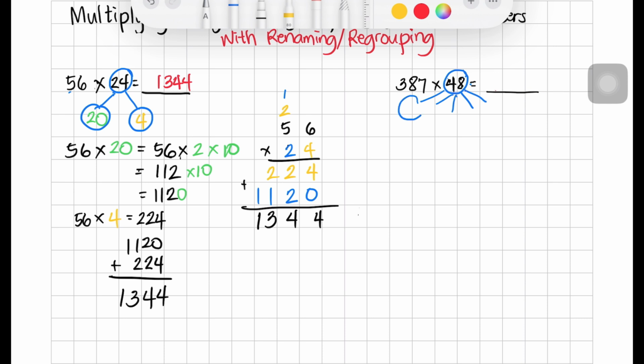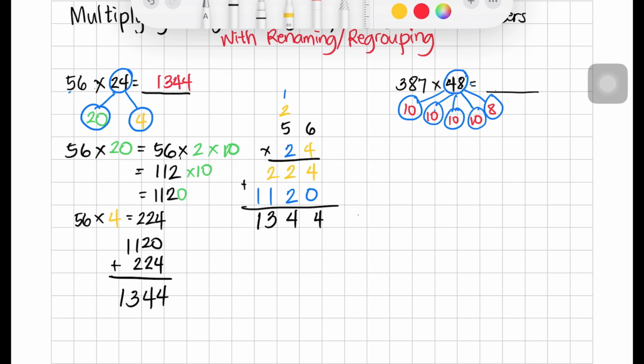Because number bonds is not just splitting a number into two numbers, as long as you will be having the same number when you add all of the numbers that you split it with, because it's part whole. So I can do this 10, 10, 10, 10, and 8. If I add all those 10s and 8, it will still be 48.